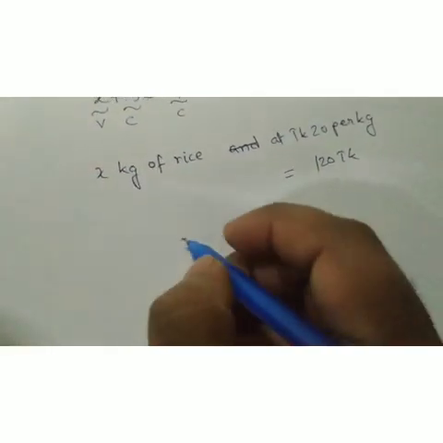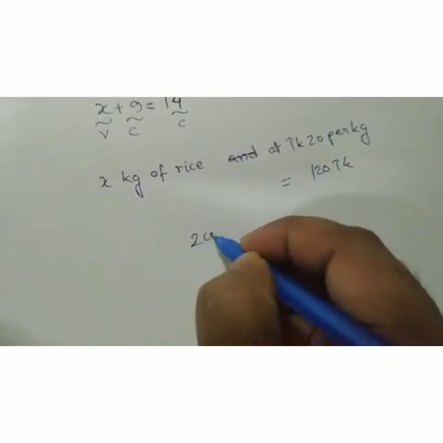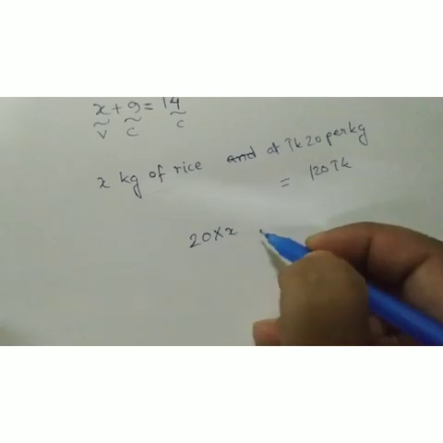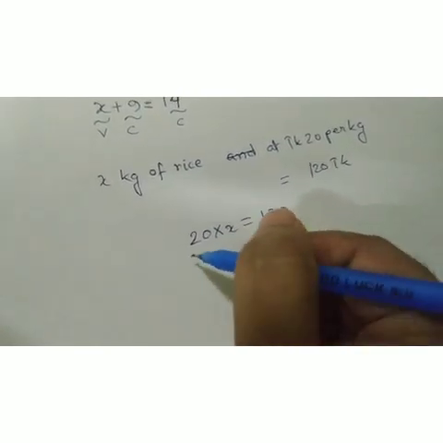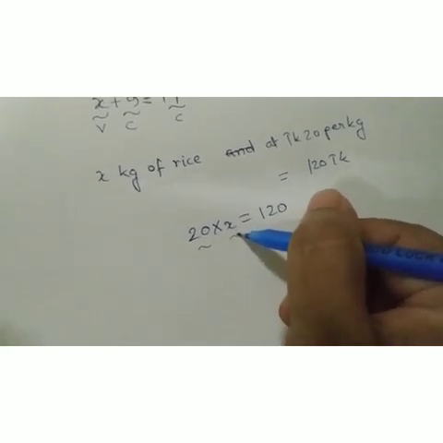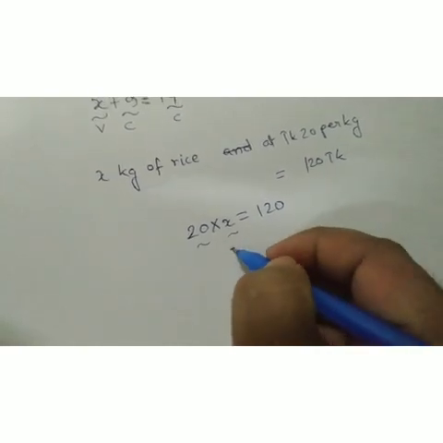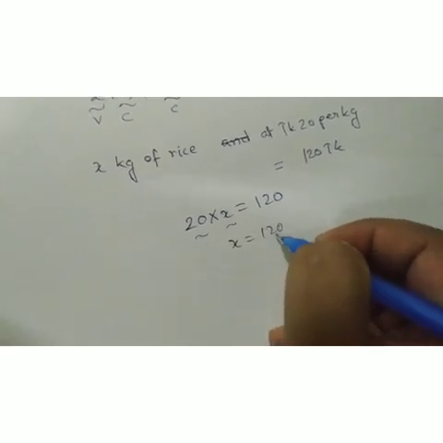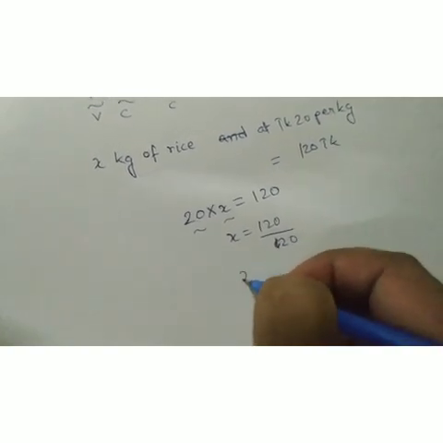So how can we solve it? x kg of rice, 20 taka per kg, we know. So 20 into x kg equals 120 taka. So you see, I am using a constant and a variable in an equation equals 120. So x equals what? 120 divided by 20. So x equals 6 kg.